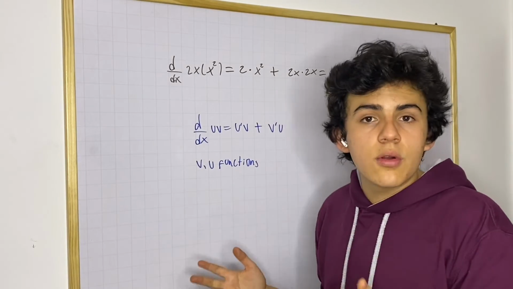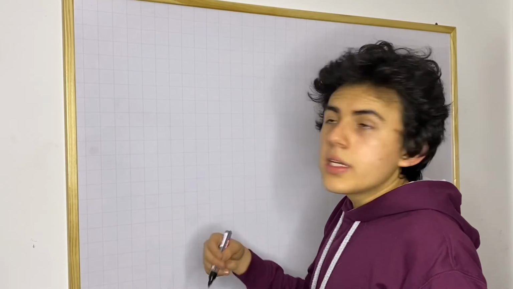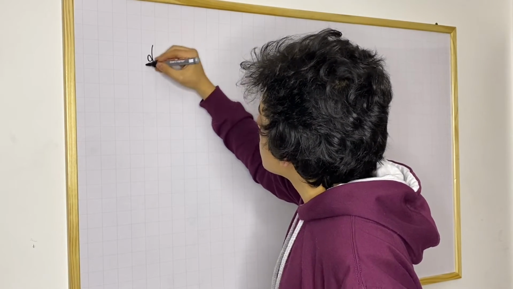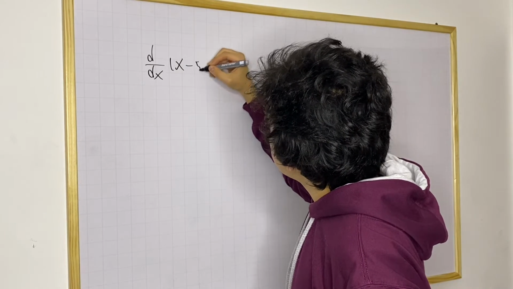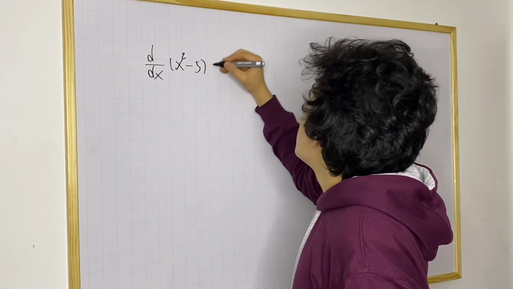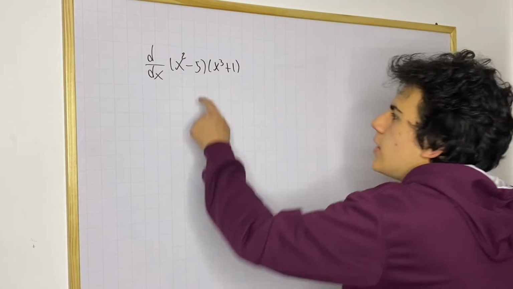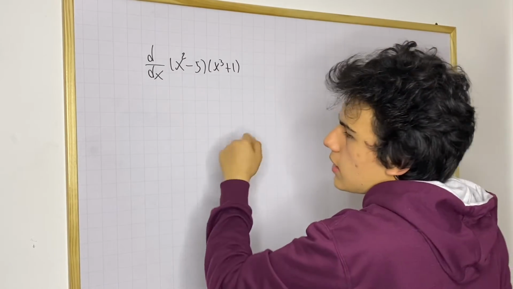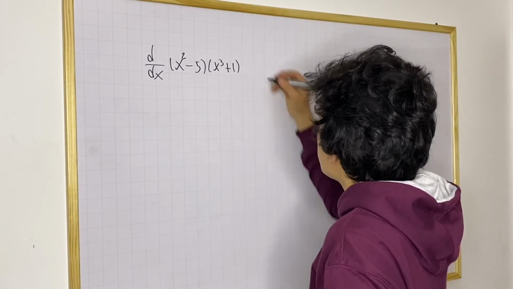And now let's do some more examples of applying this rule, okay? Let's find the derivative with respect to x of x squared minus 5 times x cubed plus 1. In this case you could clearly FOIL, but let's use the product rule, which is actually a lot faster.